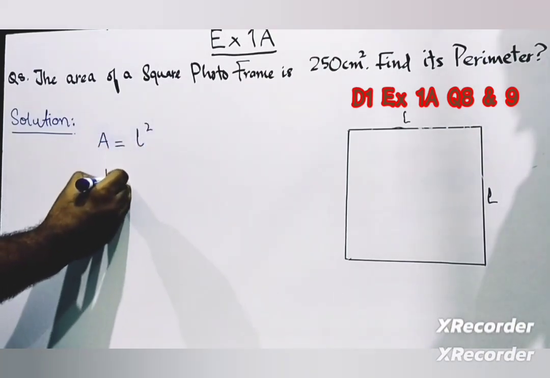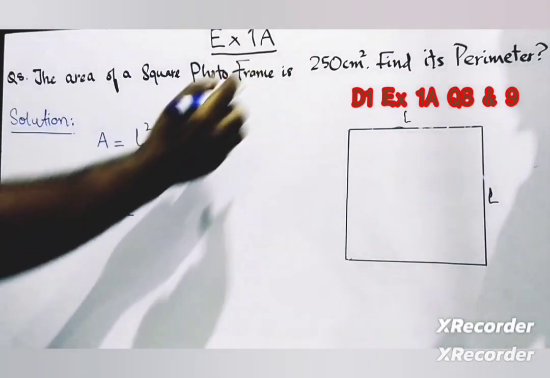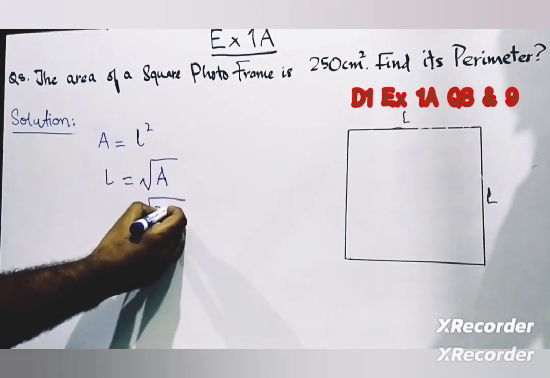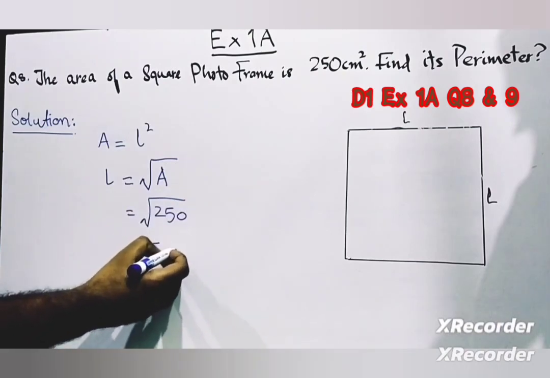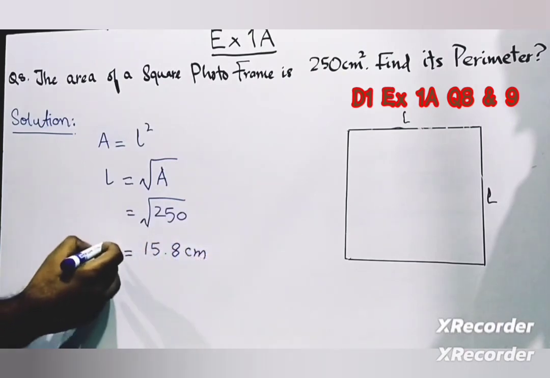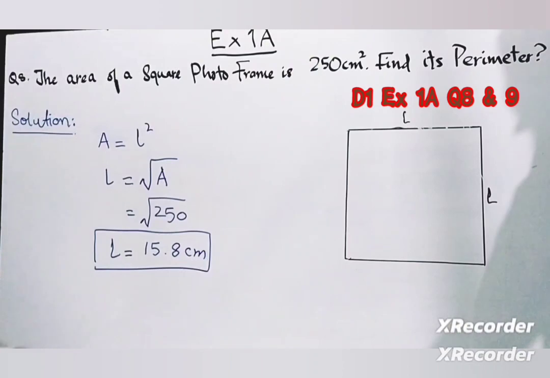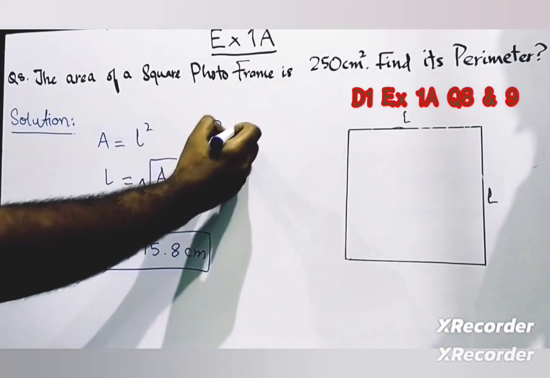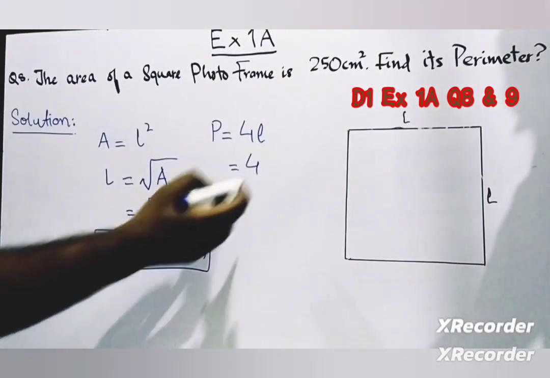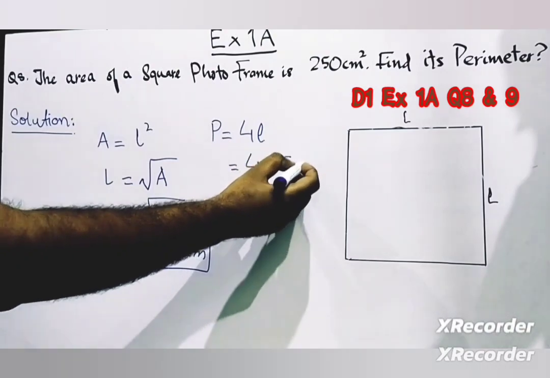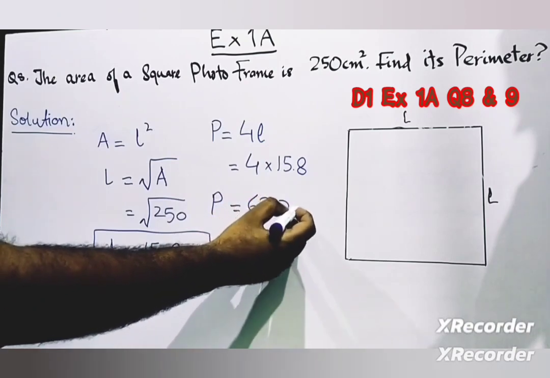For finding L, it becomes the square root of A, that is the square root of 250, so we get 15.8 centimeter. That is our L. Now moving forward to the perimeter, we know that the perimeter of a square is 4L. We have already found L, that is 15.8. So the perimeter is going to be 63.2 centimeter.